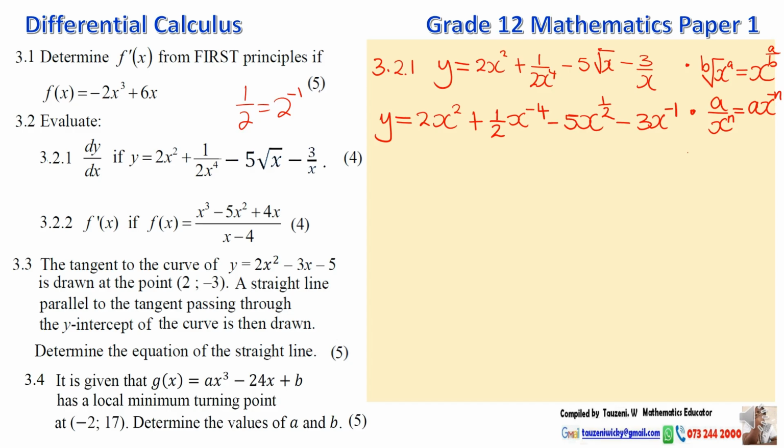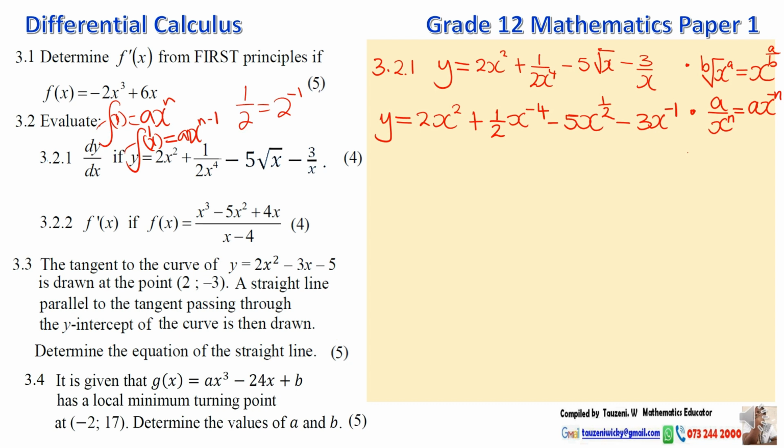If you go back to your differentiation rule, it says that if you are given f of x is equal to a x to the power of n, then the derivative is equal to a n x to the power of n minus 1.